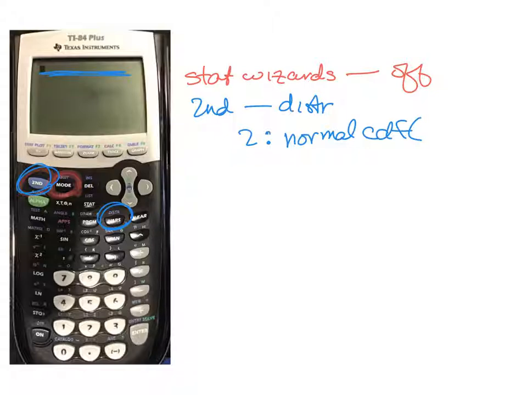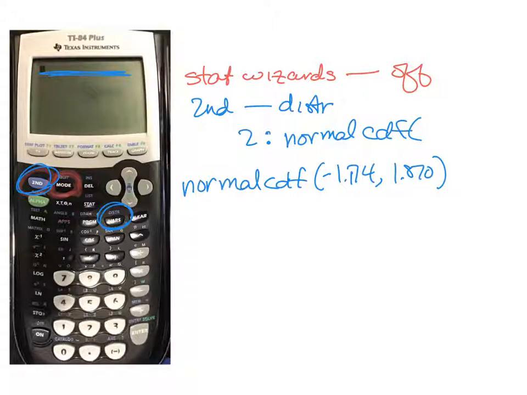Right here, it should say normal CDF, parentheses. You're going to want to type in your z-scores you just calculated. So I'm going to type in negative 1.174, comma, 1.870, comma.